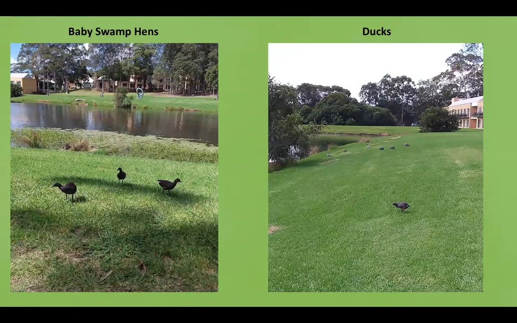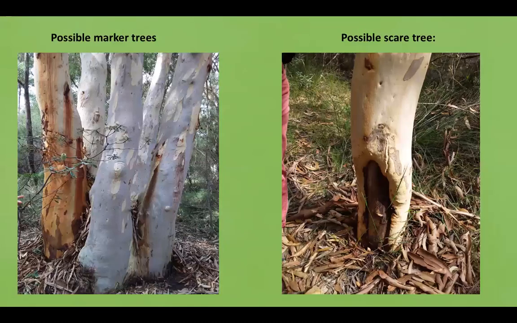Additionally, some baby swamp hens and ducks are also living in the Moss Creek region, which reflects the biodiversity and good environment in this area. Moreover, these two pictures show possible marker trees and scar trees. The marker trees help others to find water sources, safe creek crossings, and important natural features.